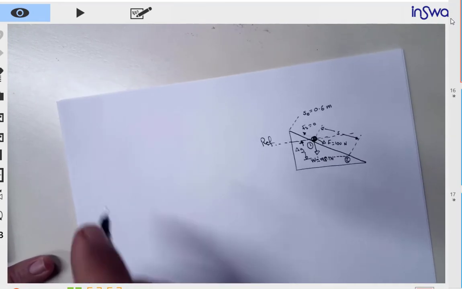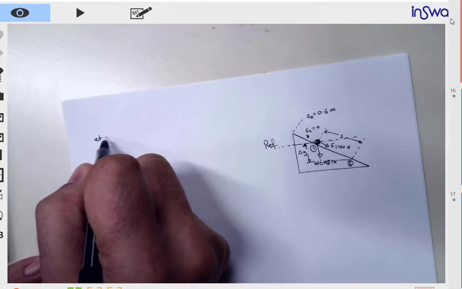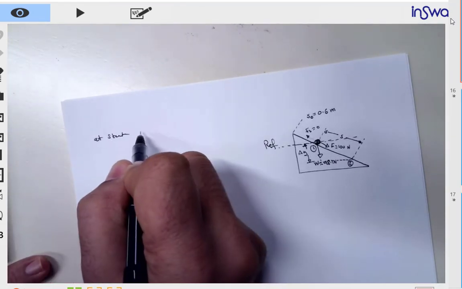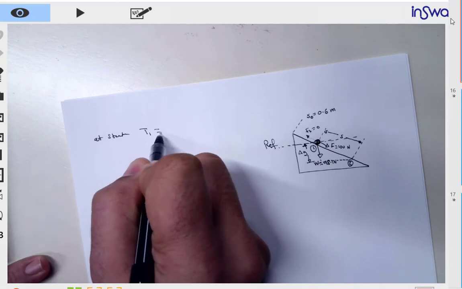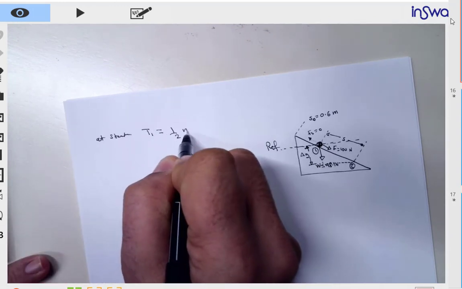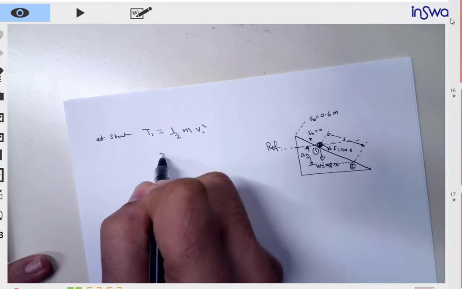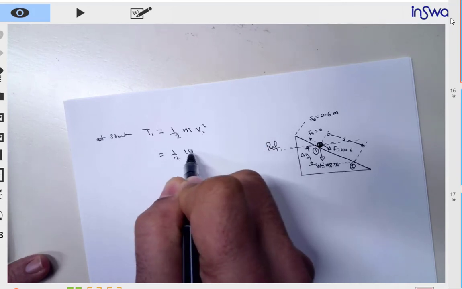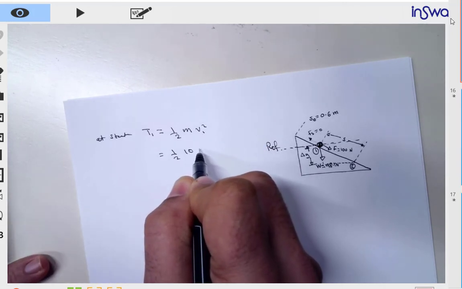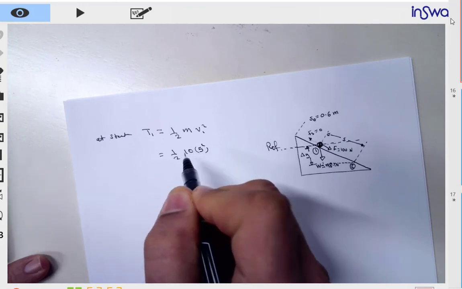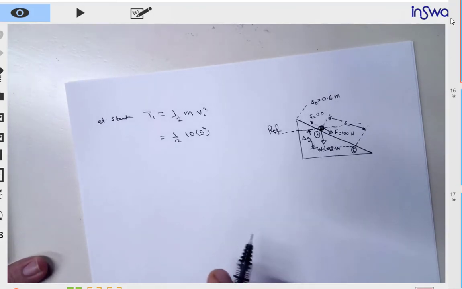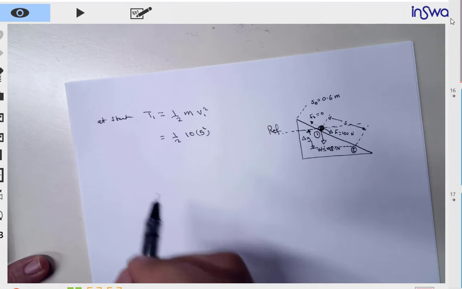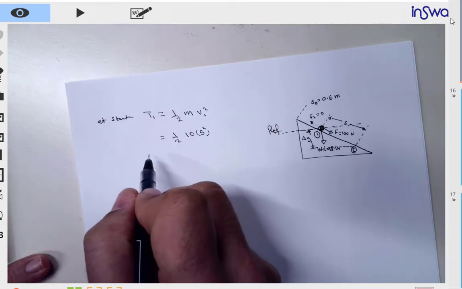So let's state some facts here. At state 1, the kinetic energy is equal to half m v1 squared, and I can plug in numbers: the velocity given was 5, squared.